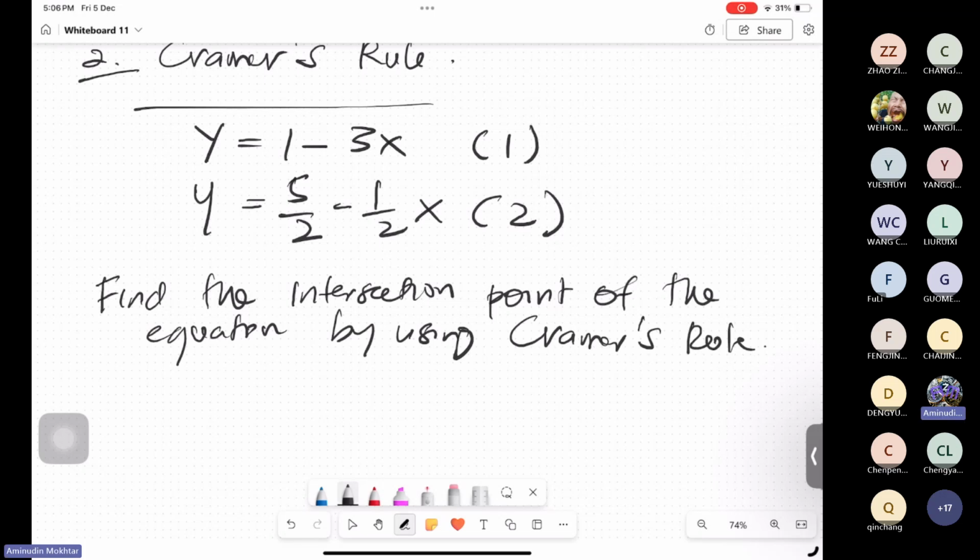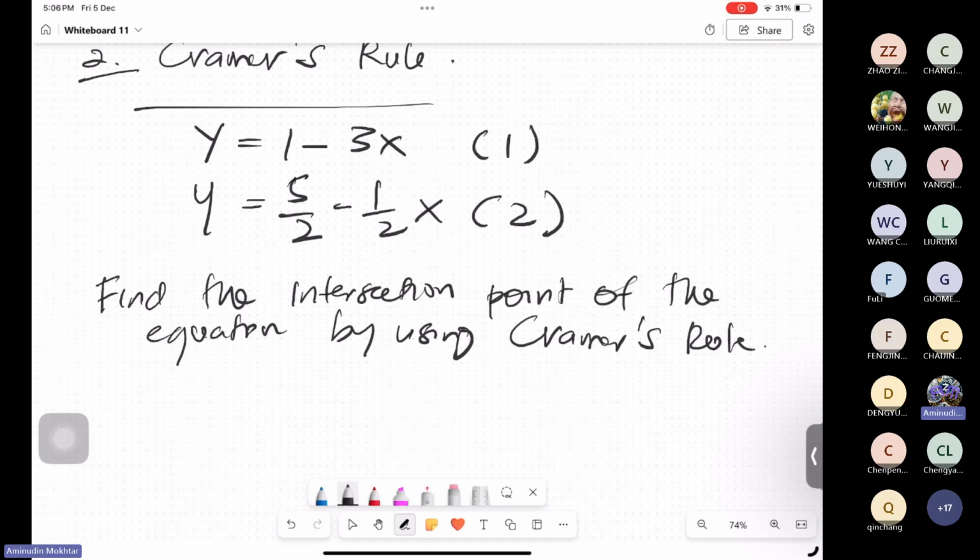Based on topic 1, I explained we need to equalize these two equations, or we can draw these equations and then find the intersection point. What is the intersection point?